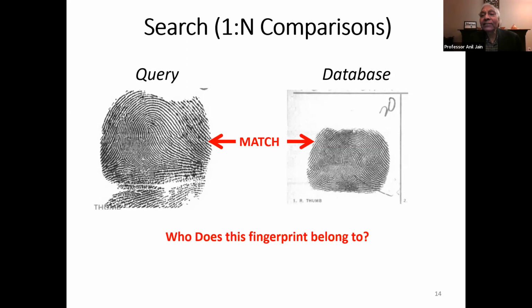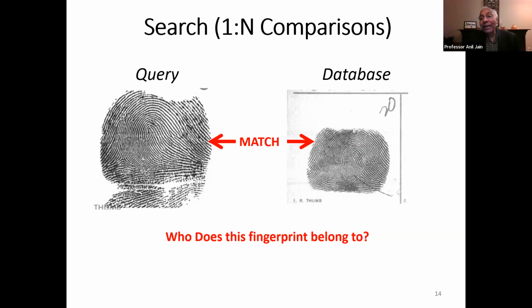So this is a more challenging problem, especially as the size of the database, a number of enrolled users, starts increasing. So in Hong Kong, there are about 10 million residents. So N is 10 million. In the FBI database, the size of the database is about 150 million enrollments. And India's Aadhaar database is 1.5 billion enrollments.